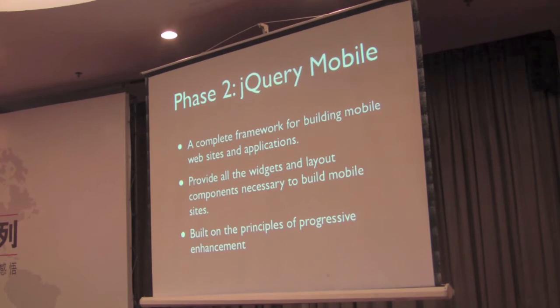This is important because devices that are low power or have low network or just don't have the capabilities needed to run a complex application will still have a plain HTML web page that'll work. And this allows jQuery Mobile to work on many more platforms as a result.